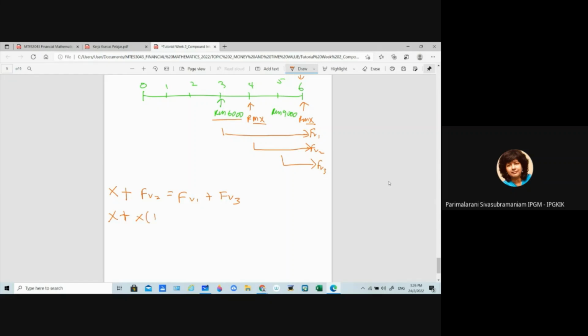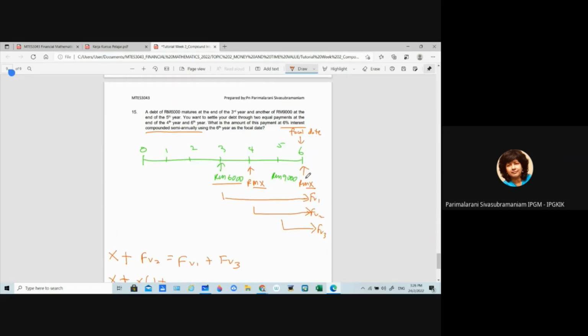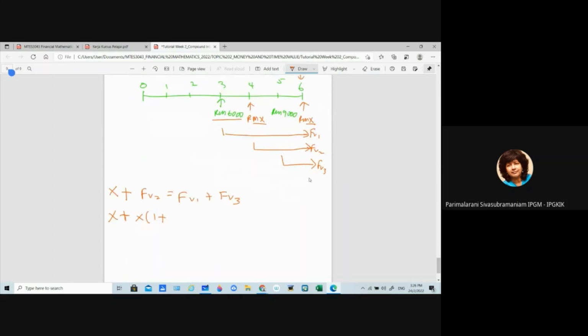X into 1 plus, what's our interest just now? 6% interest compounded semi-annually, so this is 0.06 over 2. For X here, how many years is this?